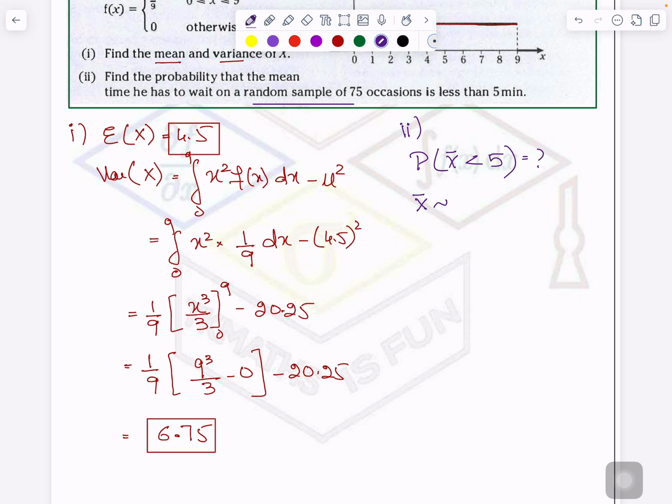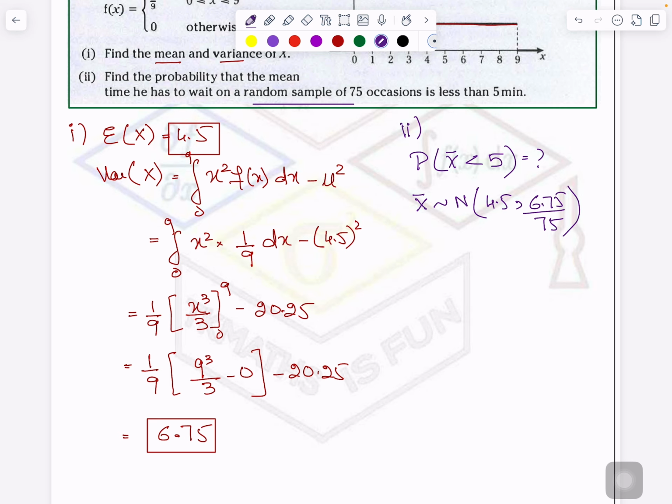We have already got that from part 1. So I can say it will be 4.5, 6.75 divided by 75. So now using this distribution, I can write here, since n is large, the central limit theorem can be applied.